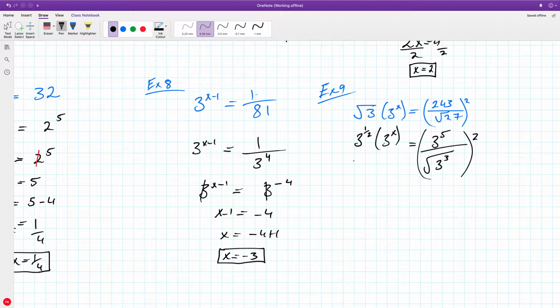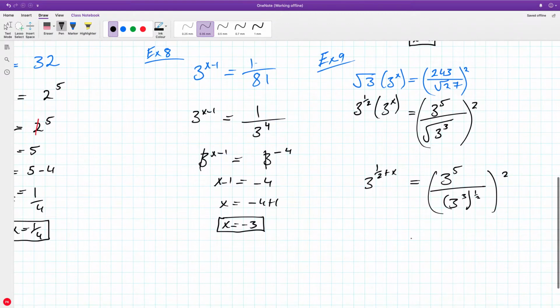Then 3 to the power of half, base is the same. When you're multiplying, what do we do? We add our powers. So it's a half plus x is equal to 3 to the power of 5 over 3 to the power of 3 to the power of a half, all to be squared.